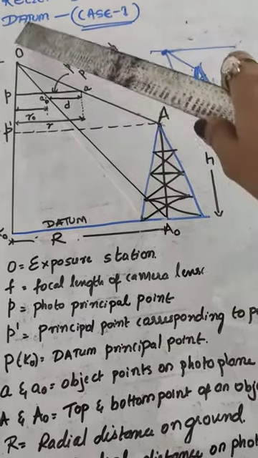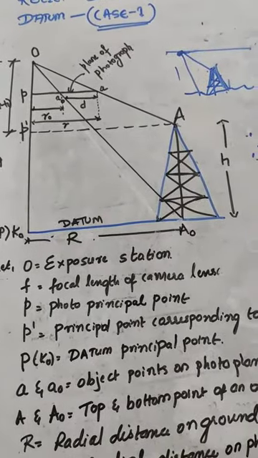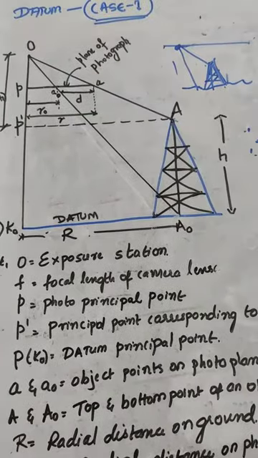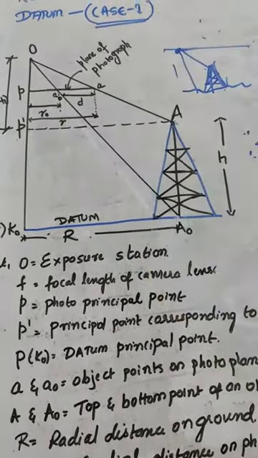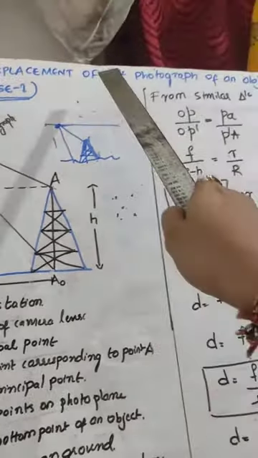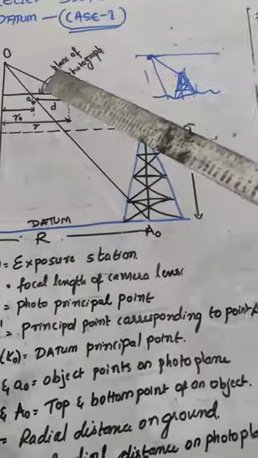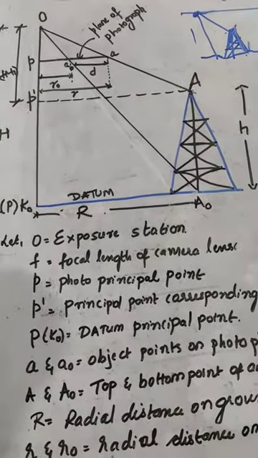Okay, and this is the principal axis of the camera. If here is the camera lens, this is a vertical photograph of an object, so this condition is the vertical condition.